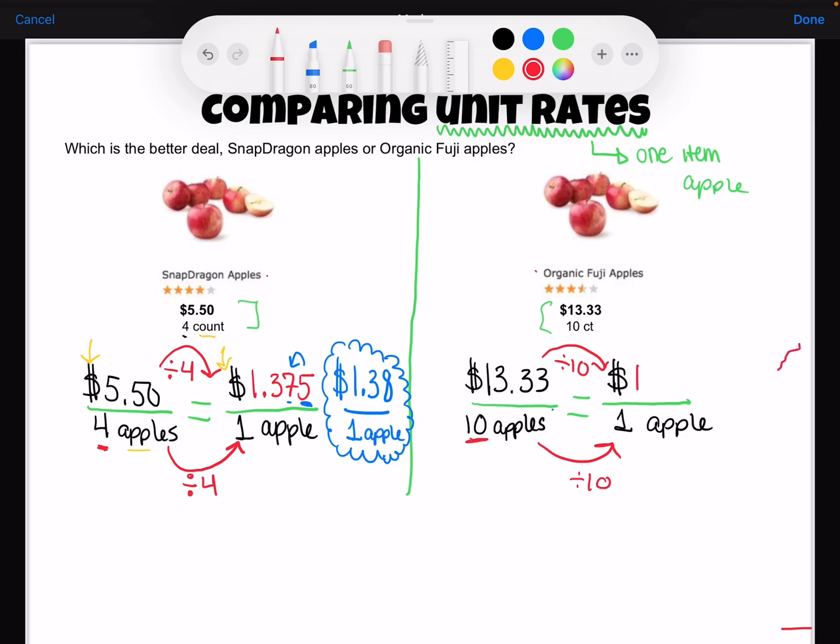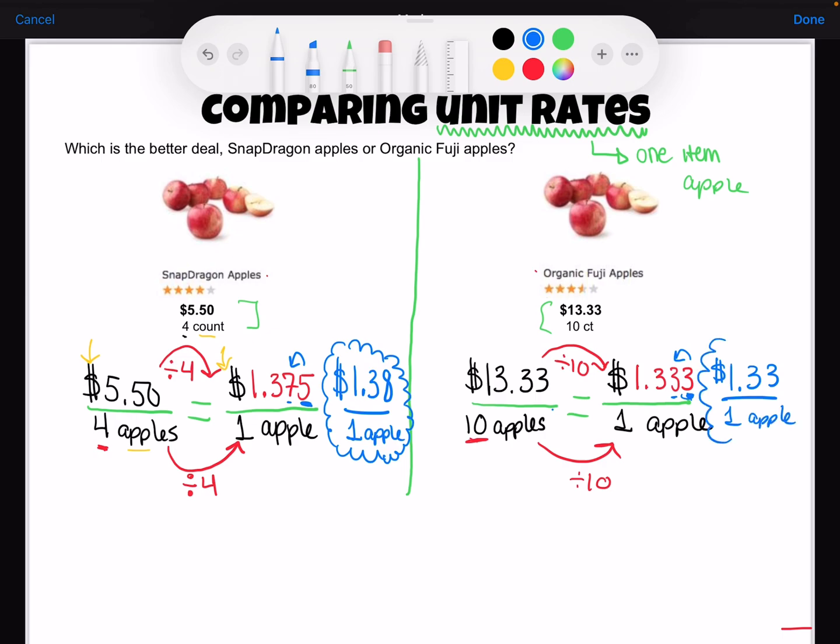That gives us 1.333. Again, we have 3 decimal places. We only want 2. So since I only want 2, I'll look at the number after my second decimal place. That's a 3 in this case. And that 3 will not round us up. It's going to keep it at $1.33. Rounds it down. So this one becomes $1.33 for 1 apple.